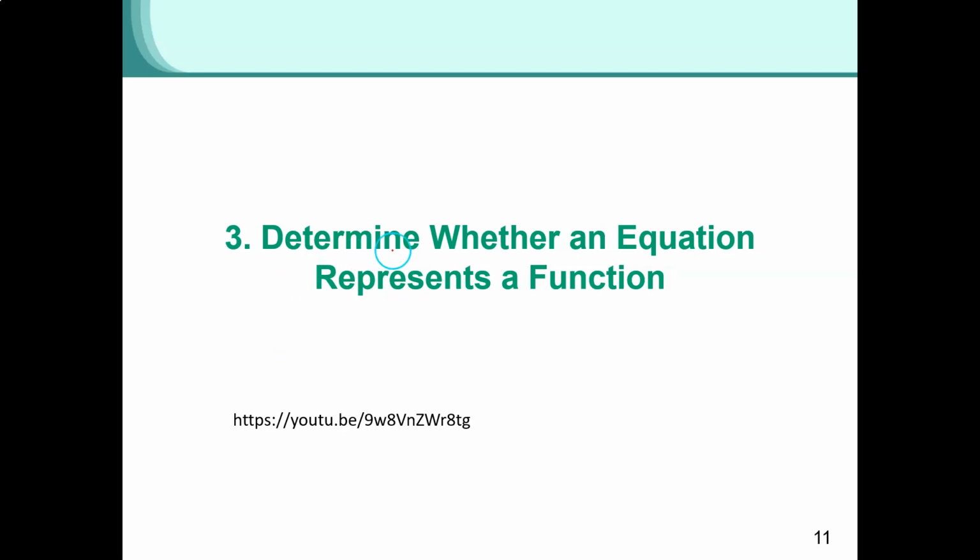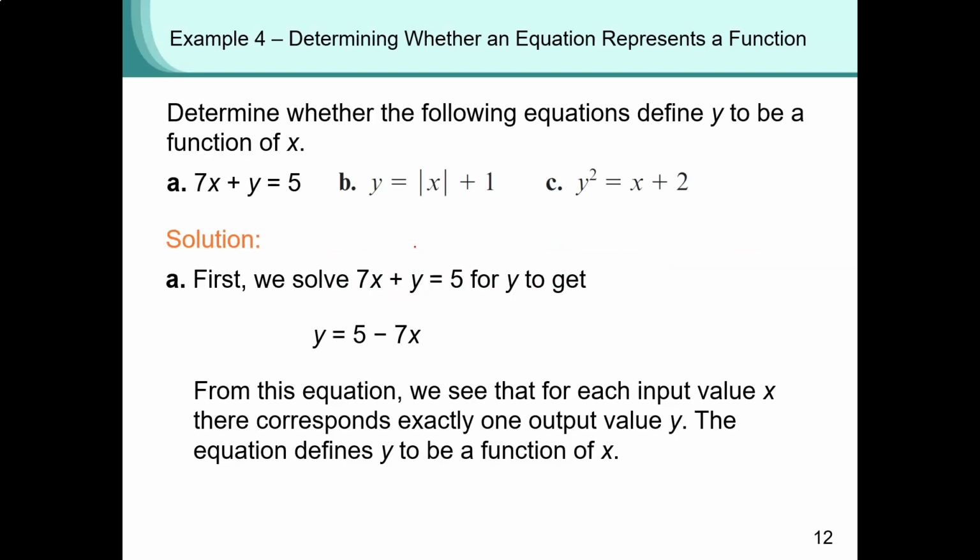How do we determine whether an equation represents a function or not? We look at example A, 7x plus y equals 5. So we rewrite the equation into y equals. y equals negative 7x plus 5. Now, this is a linear function.